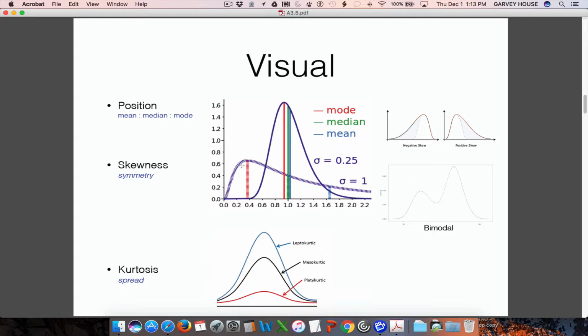In the second distribution, it's significantly skewed, and you can see how far the mean has been pulled in the direction of the skew. Here are some examples of positive and negatively skewed distributions, and also a picture or a histogram of a bimodal distribution.